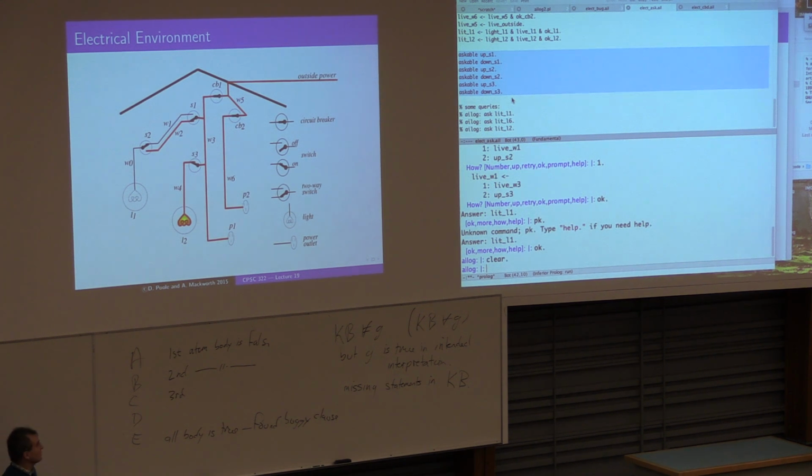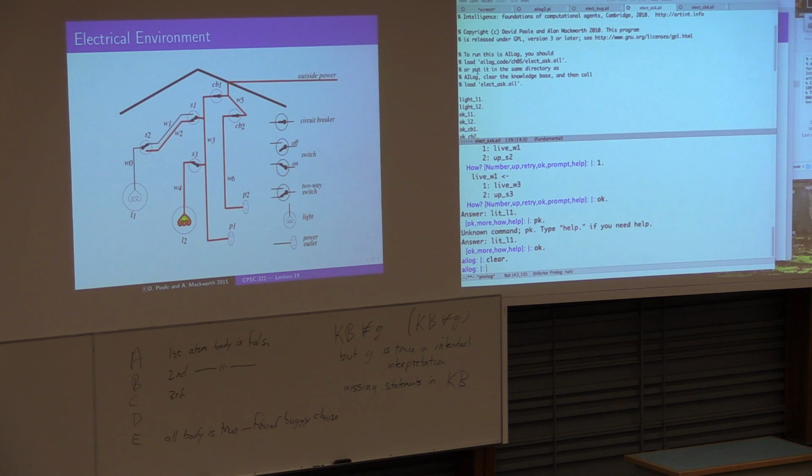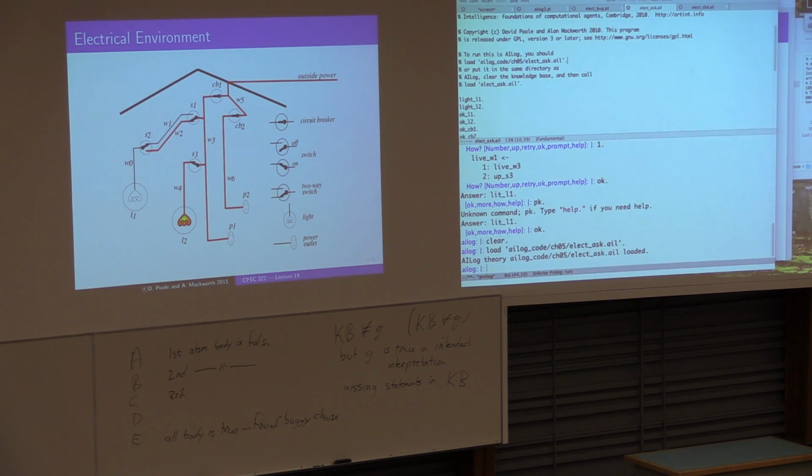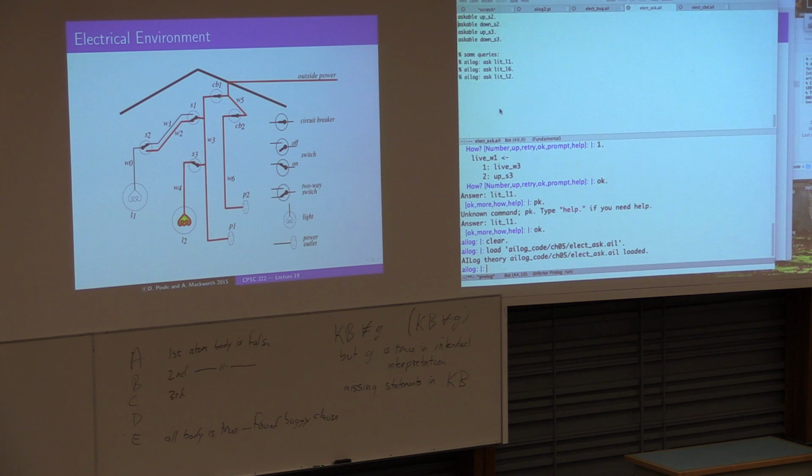And for these askable things, we're going to ask the user whether something is true or false. So that's the only thing we have in here. So let's load this thing. And we'd like to know whether L1 is lit.